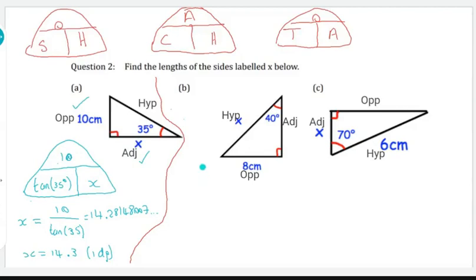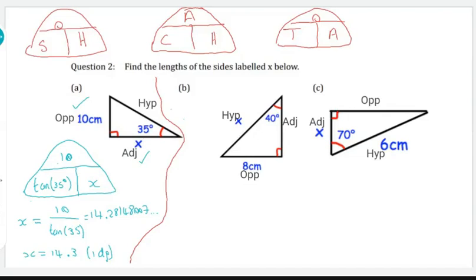So if we go for the next question, again, you've correctly labeled the side lengths, which is good. So let me ask you the question. Which side length are we trying to work out? The hypotenuse. Mm-hmm. And which side length are we given?